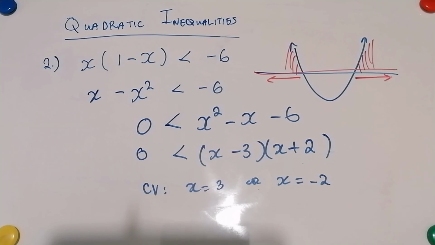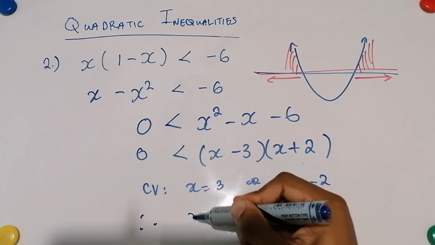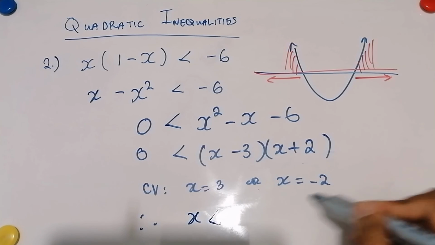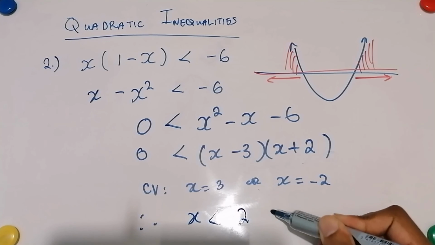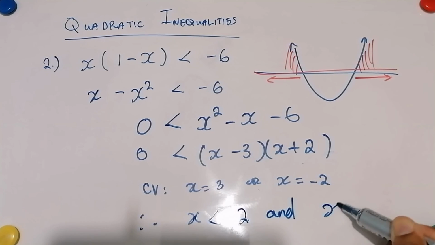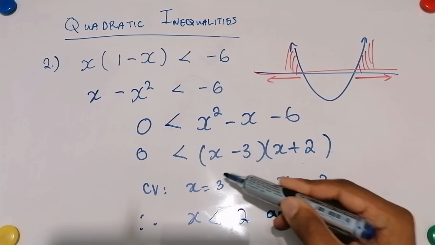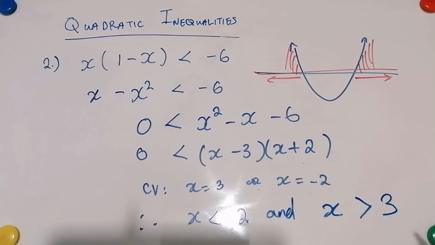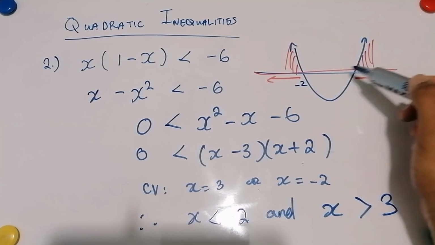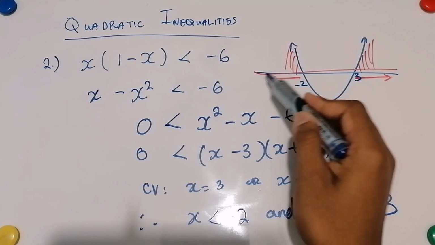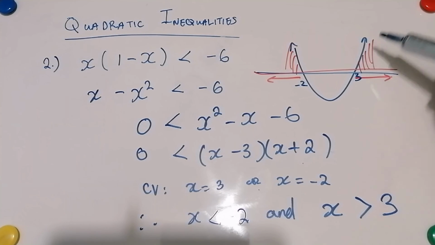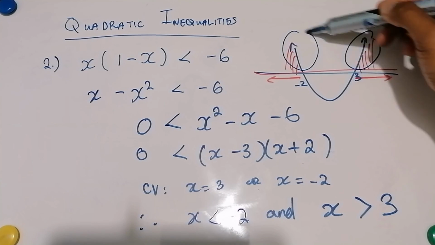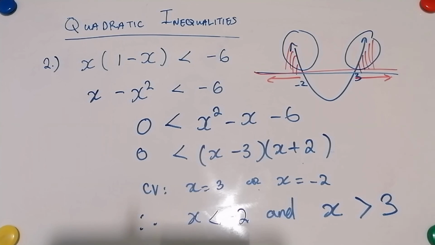We'll say, final answer, all the x values less than the smallest one, so less than negative 2, and all the x values greater than the bigger one, 3. So, less than negative 2, greater than 3, referring to these arms which are above the x-axis.